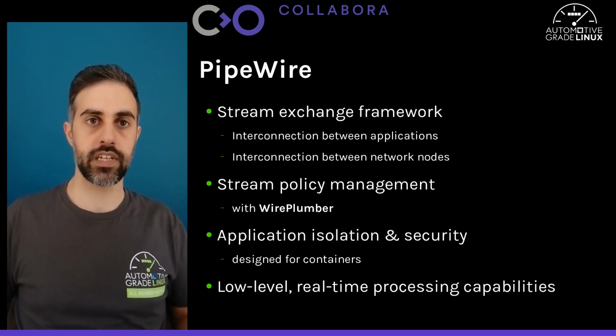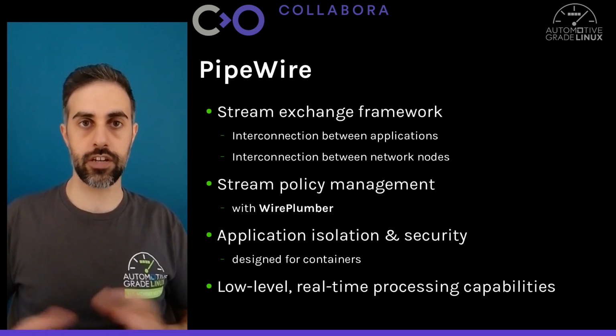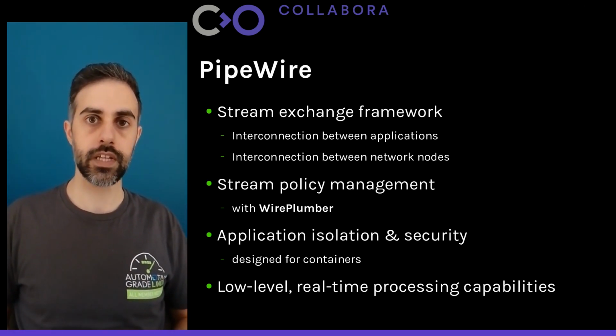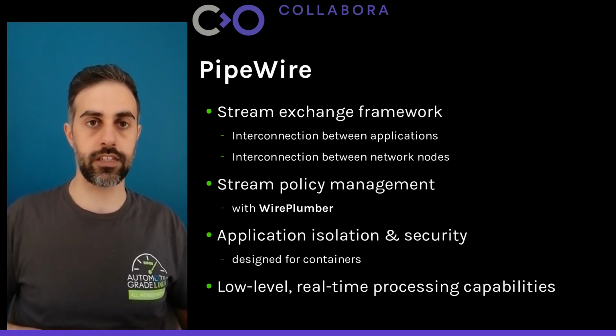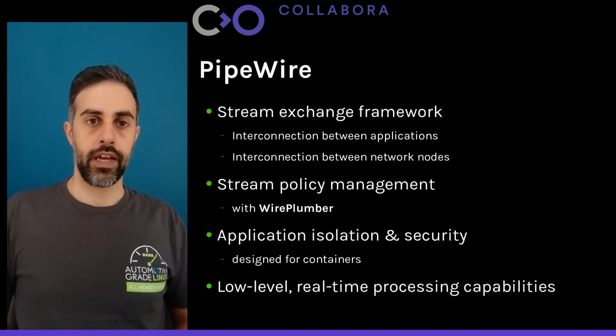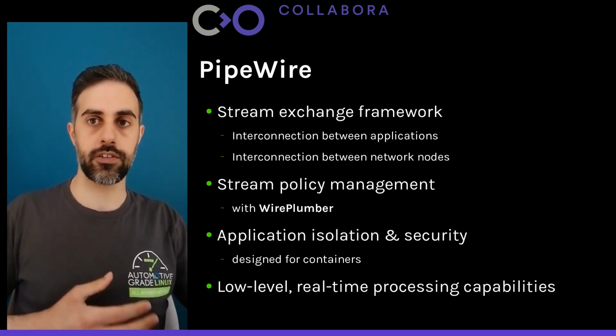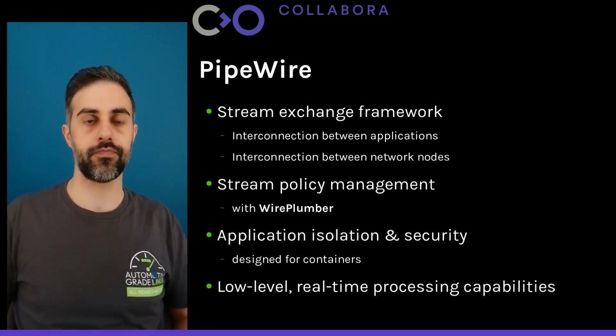PipeWire can be described as a stream exchange framework that allows interconnecting applications and network nodes, allowing them to share devices and share streams in a secure way, and applying policy that secures what applications can and cannot do.